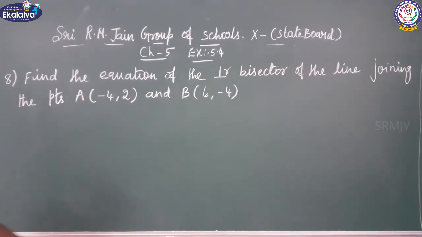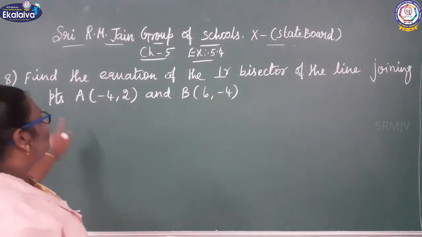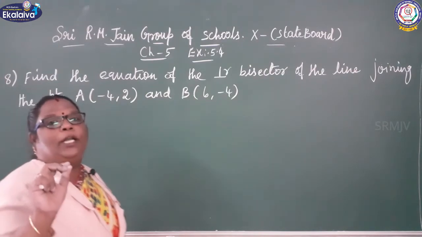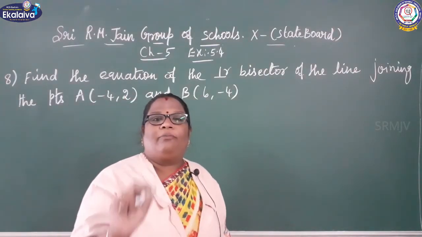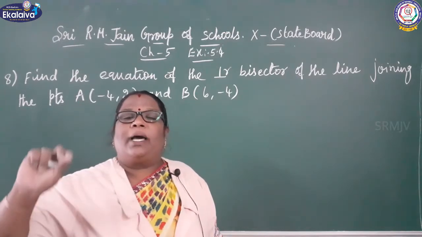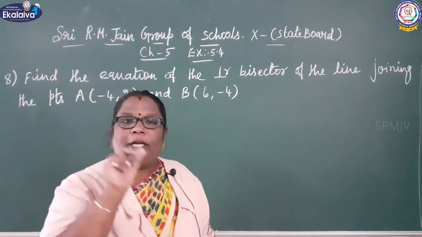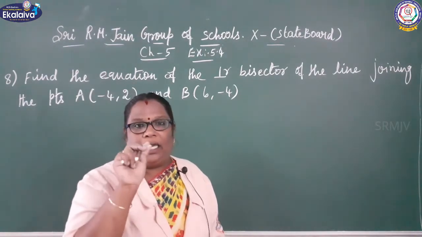See the eighth sum. Find the equation of the perpendicular bisector of the line joining the points. If it is perpendicular, you should take the m value as minus 1 by m, because the perpendicular slope is minus 1 by m. Normally the parallel slope is m, perpendicular slope is minus 1 by m.